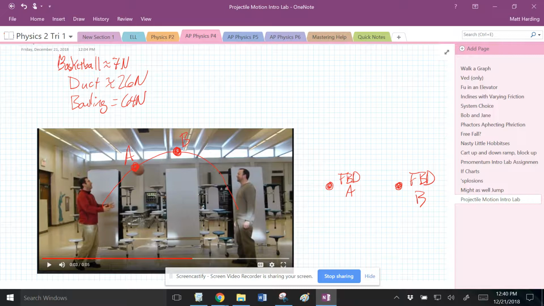Here we go. So here's one. There's their A and B. Here's another one. There's their A and B. And there's that one. There's their A and their B.